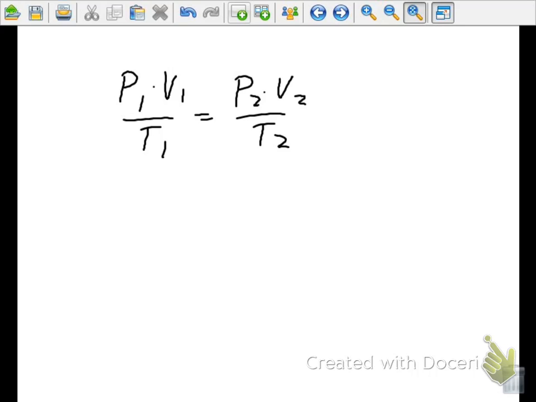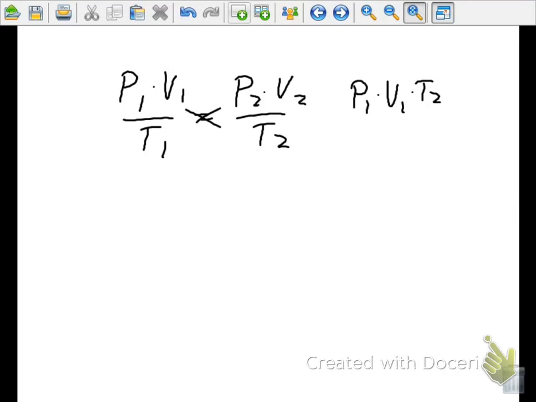So the next one we're going to do is the combined gas law. What I want to do is get rid of any variables that are dividing, so I cross multiply right away. That's my starting point. It ends up being P1, V1, T2. If you notice, the temperature is always opposite of the pressure and volume.